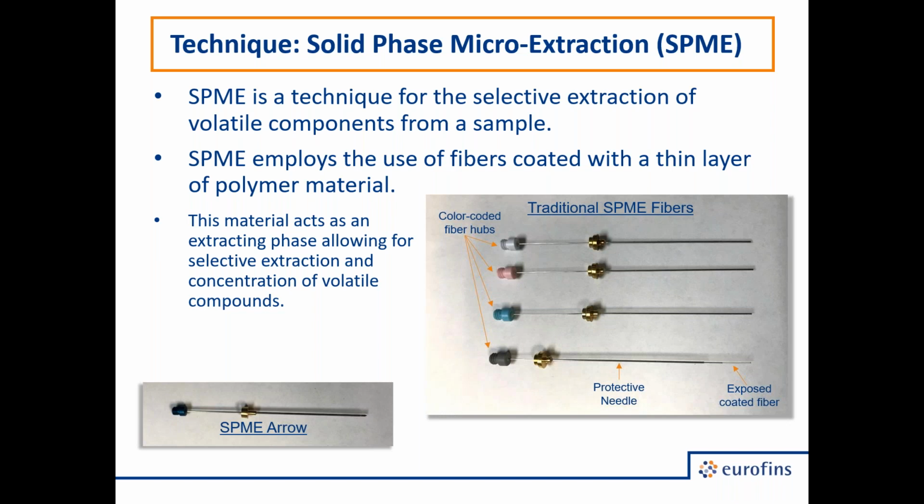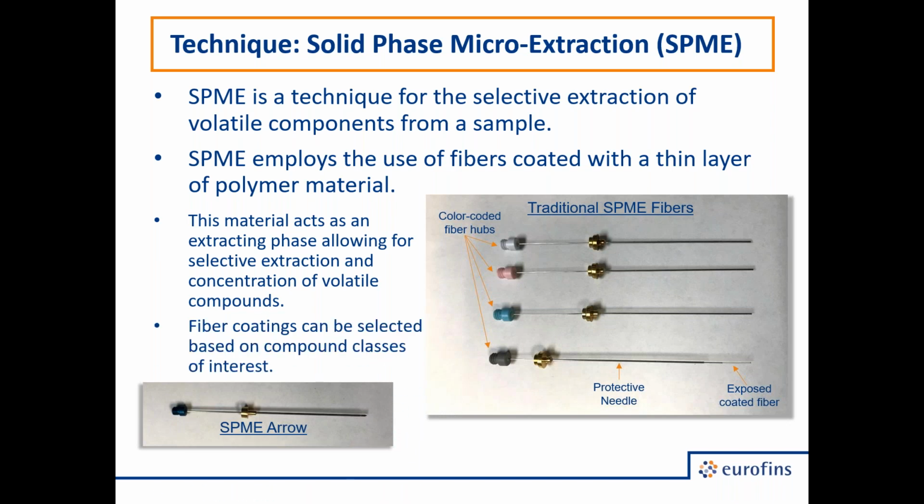This is highly beneficial as it allows us to extract volatile compounds away from the less volatile portions of the product, say your proteins or your long-chain carbohydrates such as starches, which can help us reduce matrix effects of these complex samples. As well, SPME gives us increased sensitivity as we can concentrate these volatile compounds before we do our analysis, allowing us to see even lower limits of detection.